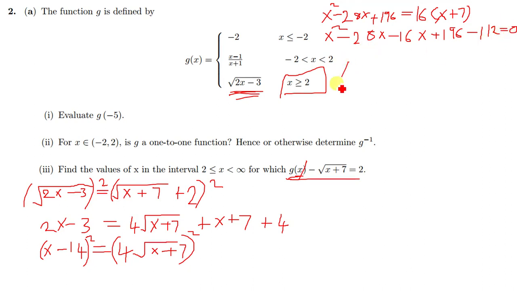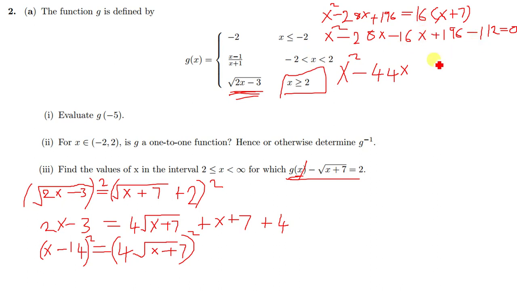So the expression that will be requested to solve is just going to be equal to, so negative 28 minus 16 gives you 44. So this is the expression that will be requested to solve, and then you have 196 minus 112. So 196 minus 112 gives you 84.